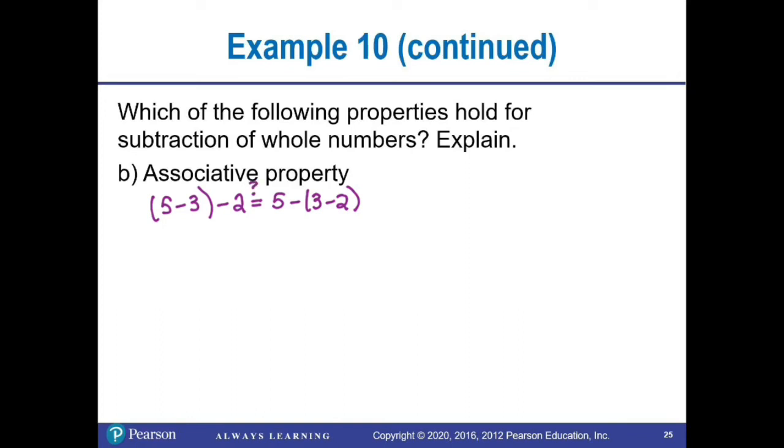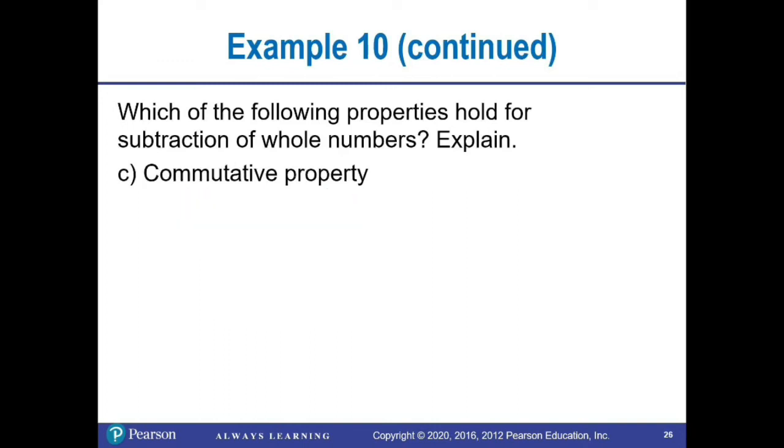I'm going to put a question mark over my equal sign because I'm trying to decide if these are equal to each other. We start with our parentheses. So 5 minus 3 is 2, and 2 minus 2 is 0. On the right side of our equation, 5 minus, bring down, and then 3 minus 2 is 1. So 5 minus 1 is 4. These are not equal, and so our associative property does not hold.